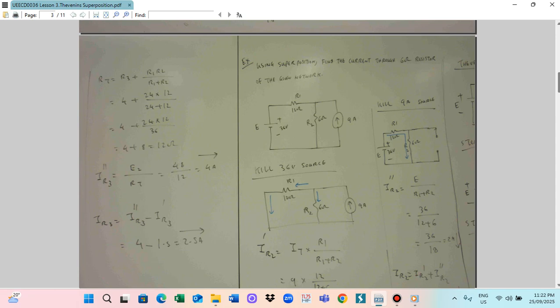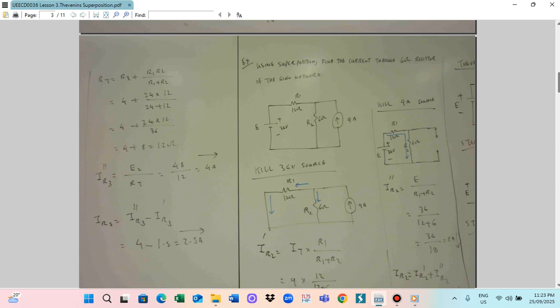So firstly you need to calculate the overall resistance R total. R total means R1 and R2 are connected in parallel, and then the R3 is connected in series. So then we have to calculate the total resistance RT. So RT is equal to R3 plus R1 R2 divided by R1 plus R2.